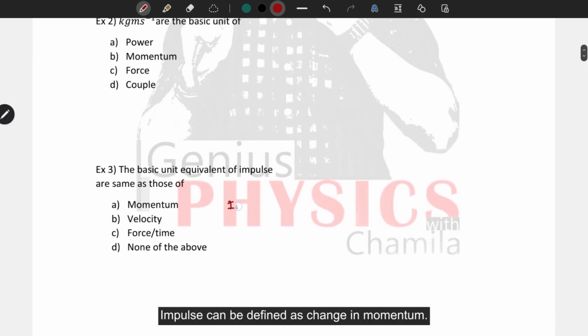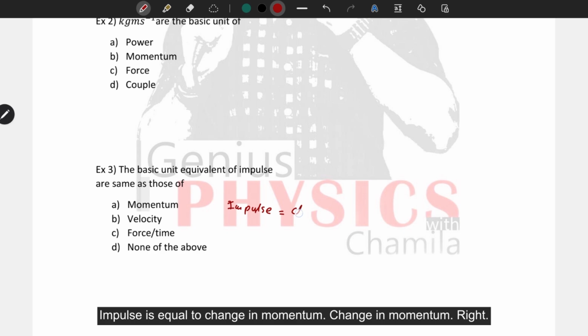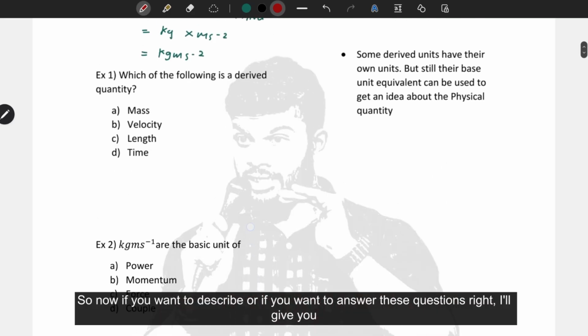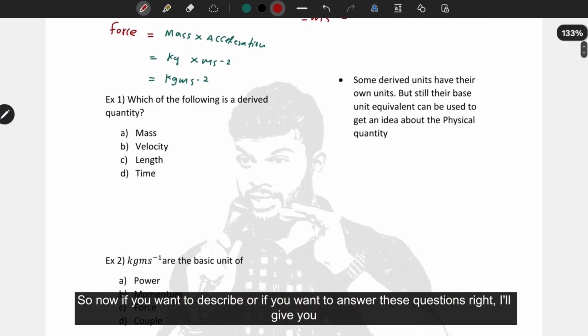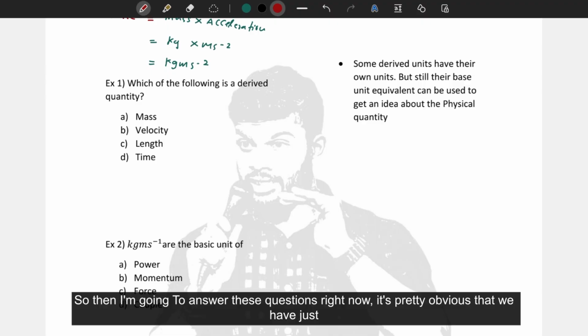Impulse can be defined as change in momentum. Impulse is equal to change in momentum. Right, so now if you want to answer these questions, I'll give you just a minute to think and answer. Then I'm going to answer these questions.